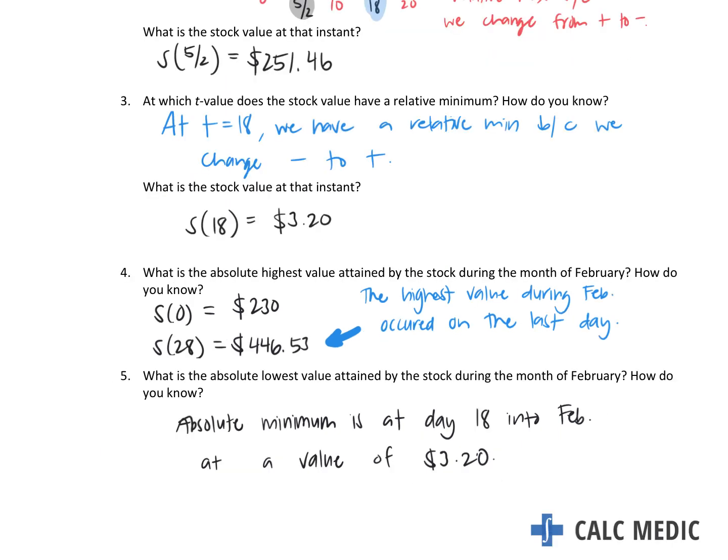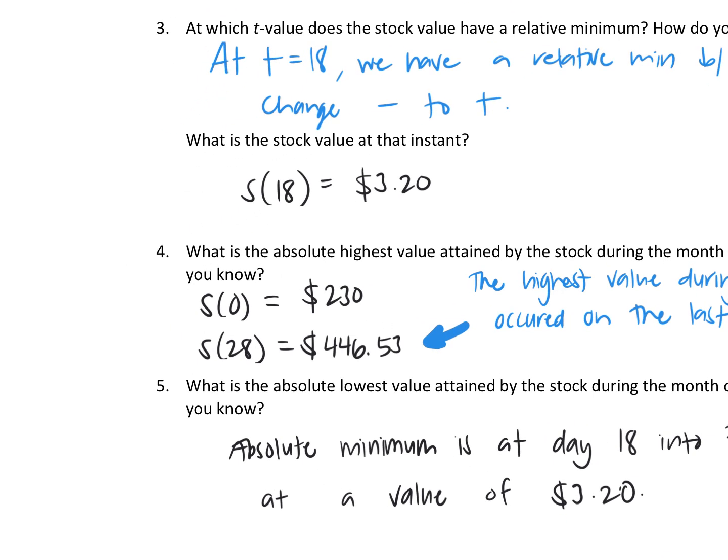Okay, so on this next page, we're going to talk about candidate testing. We just did candidate testing. You just didn't know what it was. But candidate testing is testing the critical points and the endpoints to see where our relative or absolute minimum or maximum is. Okay, so for these last two questions, we actually did candidate testing. So I'm going to show you what candidates we tested.